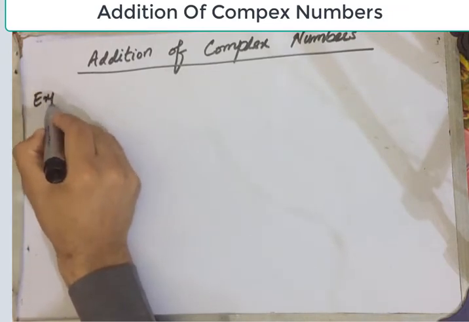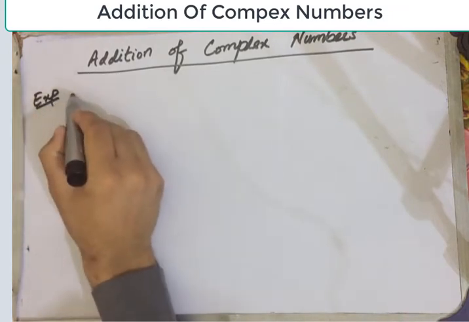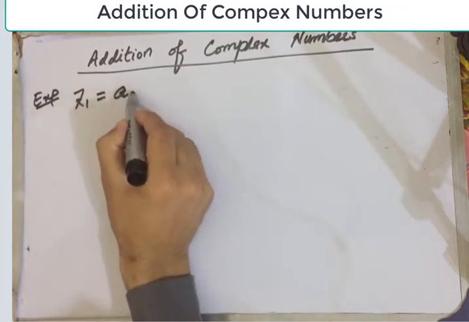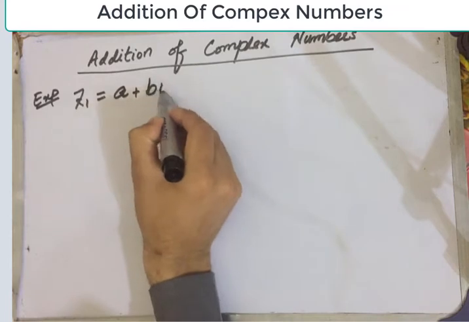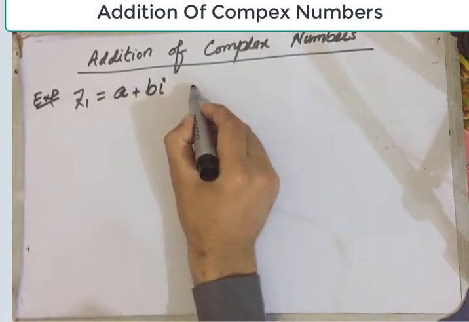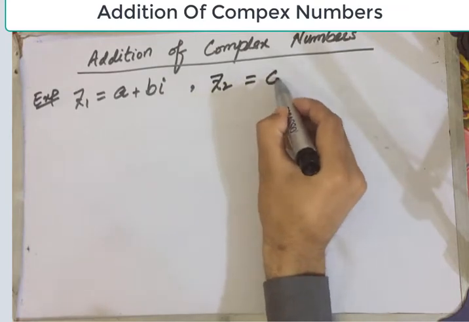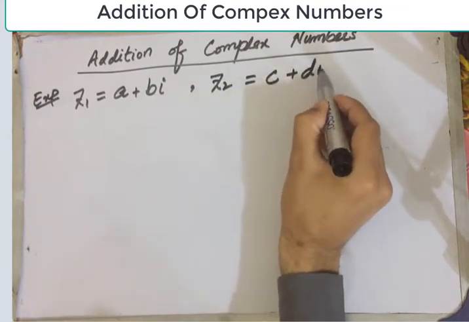For example, we have a complex number z1 equal to a plus b iota, and the second complex number z2 is equal to c plus d iota.